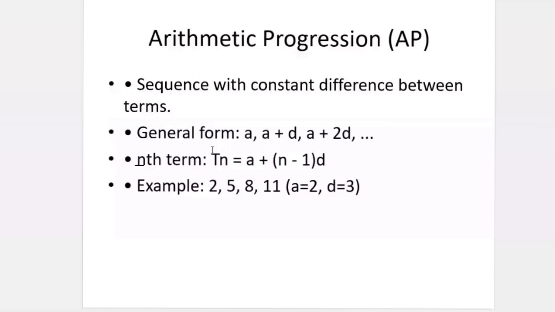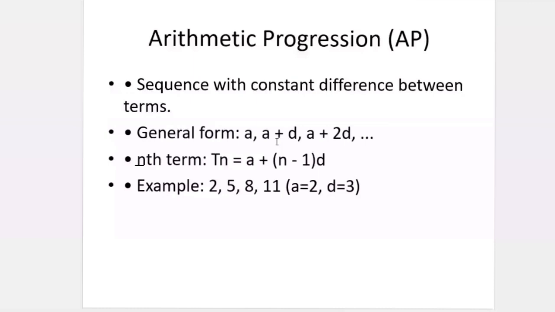So the first term is usually A, like I've explained, which is 2 in this case. And then your second term is what? A plus D, right? So you are adding it because that 3, that D, is your difference. And so to get the next term, you add that difference to your previous term. So if the second term is A plus D, the third term will be A plus D plus D again, right?